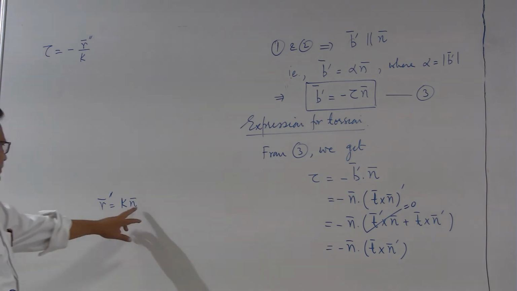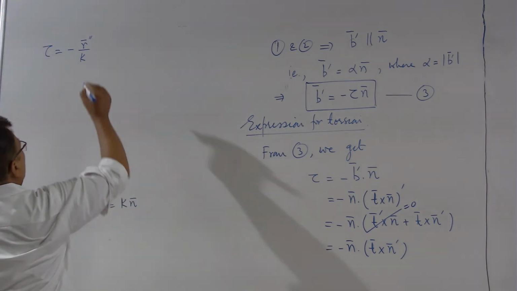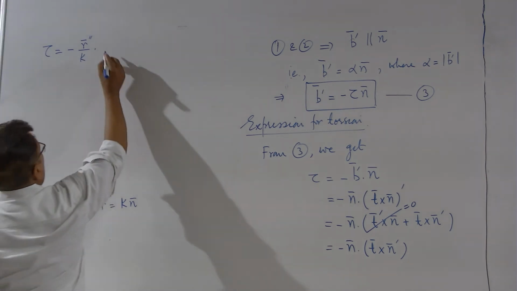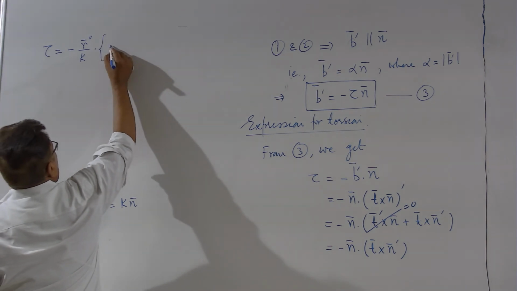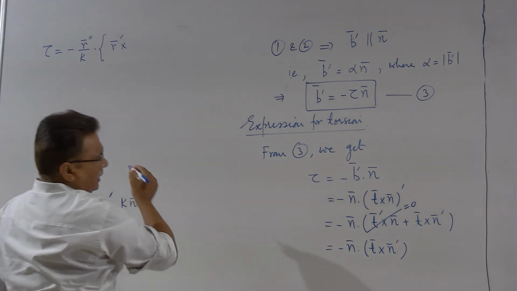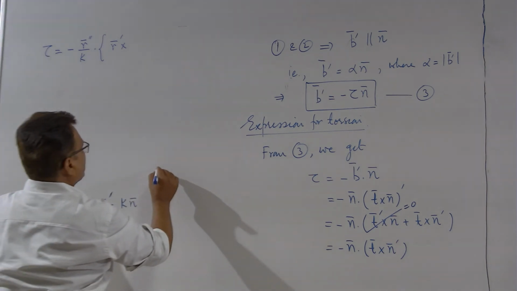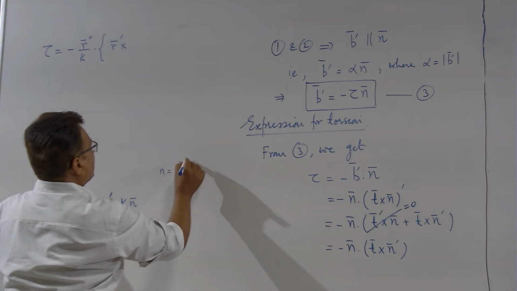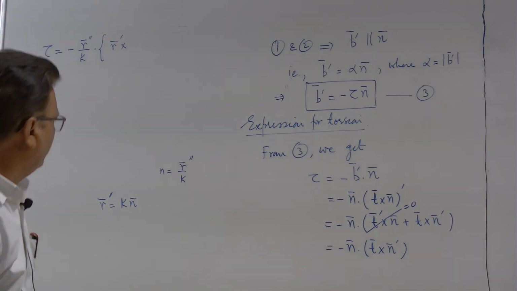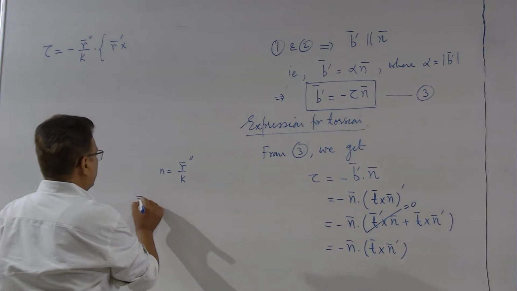So, n is equal to r double dash upon k. Then dot product with t cross n dash. So, t means r dash cross n dash. What is n dash? n is equal to r double dash upon k, so I can compute n dash from here.